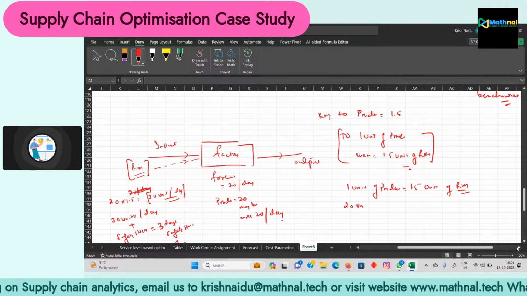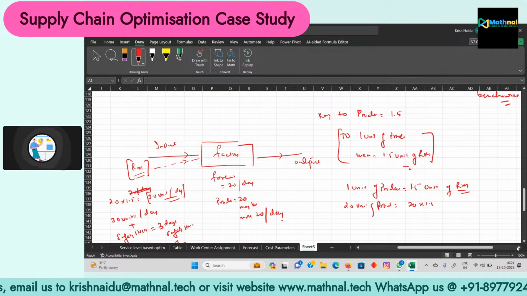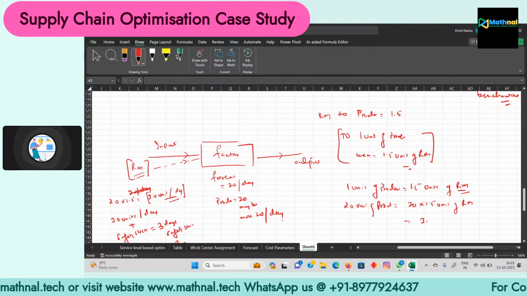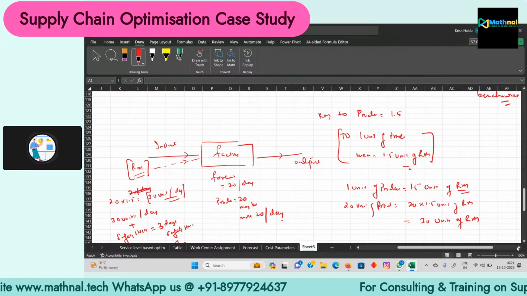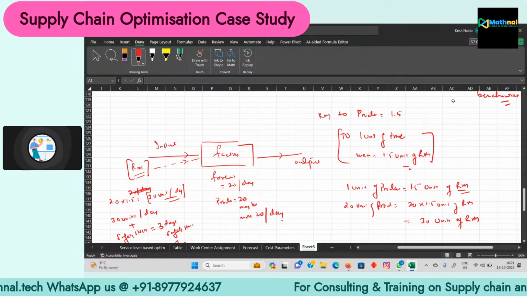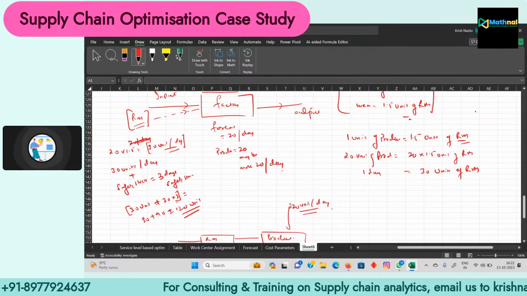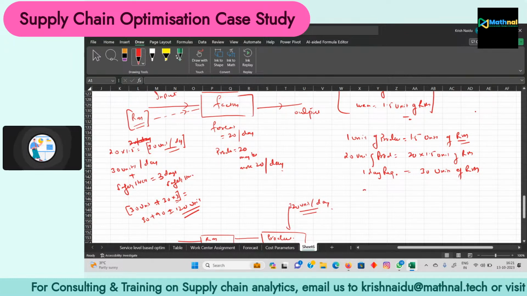So 20 units of products will require 20 into 1.5 units of raw material, which is equal to 30 units of raw material. So this is the ratio, and I'm trying to keep 3 days safety stock. This is 1 day requirement, and I'm trying to keep another 2 days.